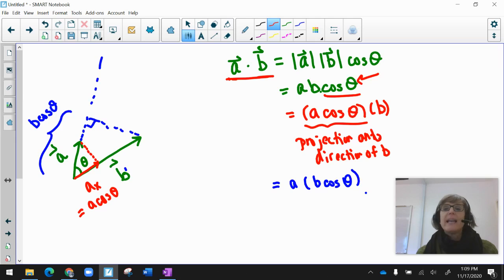And whatever that sign is, that's the sign of my dot product, or scalar product. So a scalar product can be positive or negative, and that will have implications for the physics. All right, see you in class.